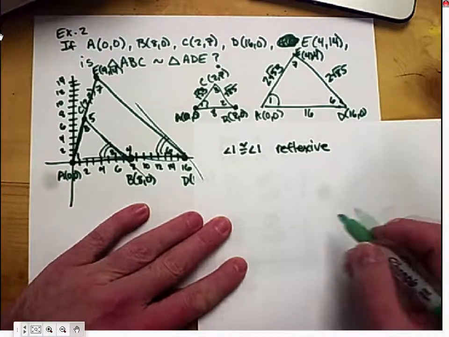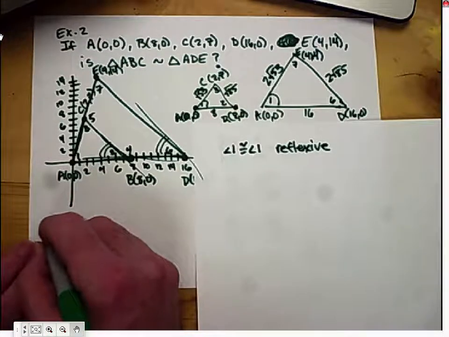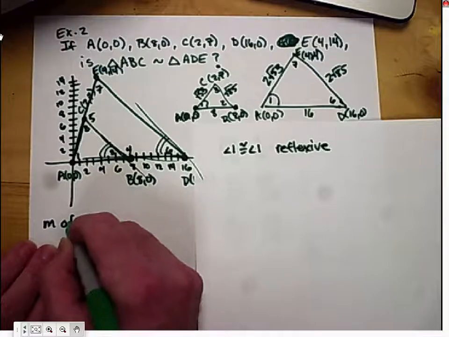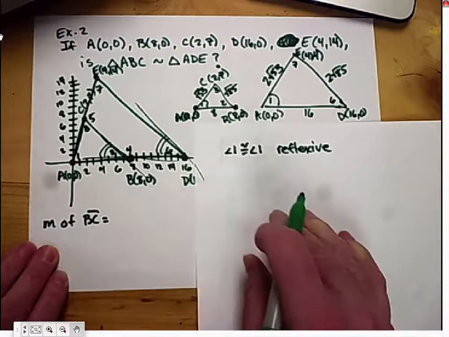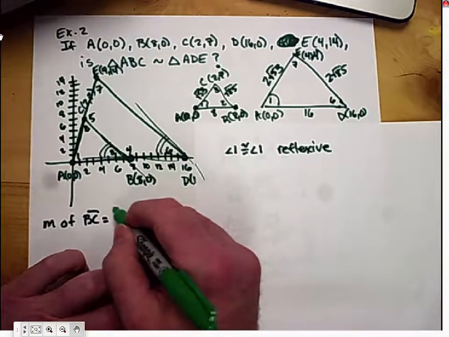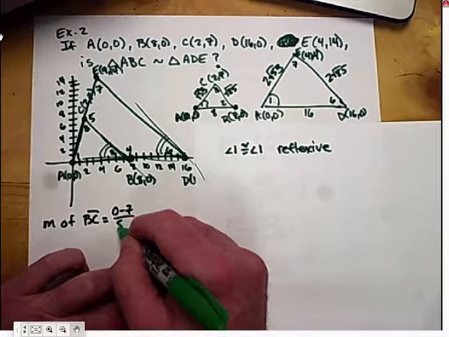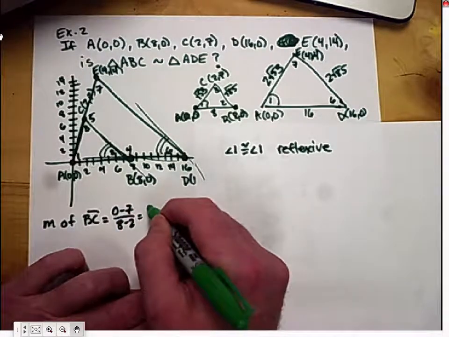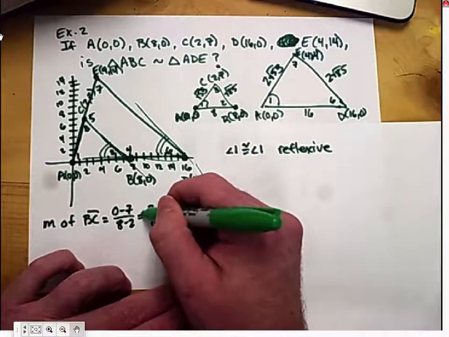So we have to prove that they're parallel. So let's find the slope of BC. Slope is change in y, 0 minus 7, over change in x, 8 minus 2, that is 7 over 6. Wait, negative 7 over 6, sorry.